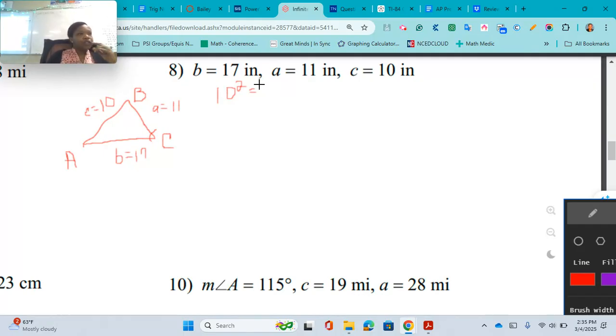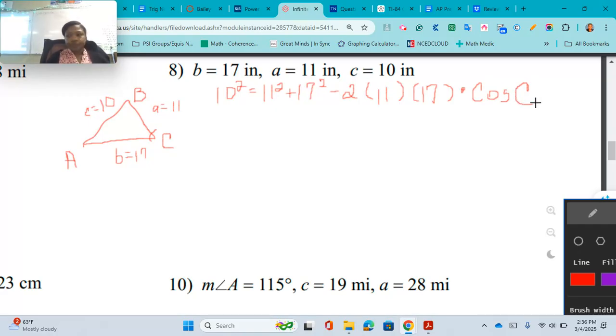But the equation: 11 squared plus 17 squared minus 2 times 11 times 17 times cosine C.